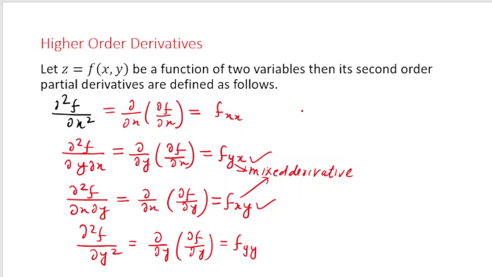So in general, I can write this statement, and it is a very important result. See, f_yx and f_xy will not always be equal, but this is an important remark.